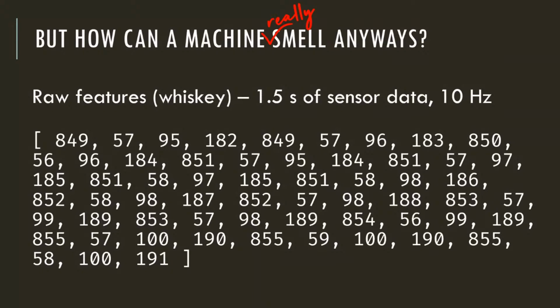If I were to capture a few seconds of data, I quickly iterated and realized that just 1.5 seconds of data was plenty. And so the next step was to figure out how this raw data could be fed into the mathematical function that I was talking about earlier.